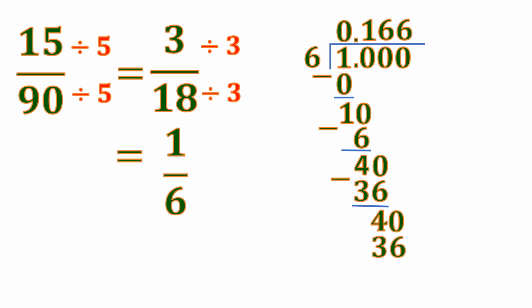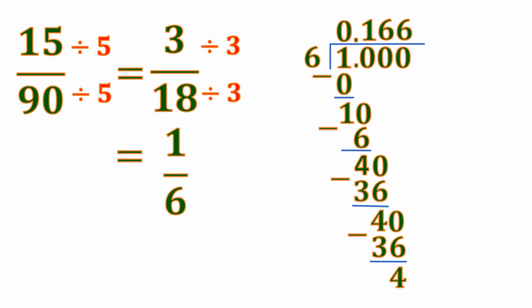And 40 minus 36 is 4. And if we continue adding 0, it will be the same result. That means the 6 will be non-terminating. It is repeating a non-terminating part, but not the whole thing is repeating.